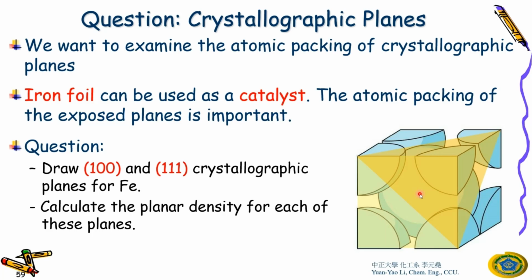In that case, you have more atoms. If you put that plane on the surface of the iron, of the copper, then you have a faster reaction. Okay? So calculate the planar density for each of these planes. This is important.